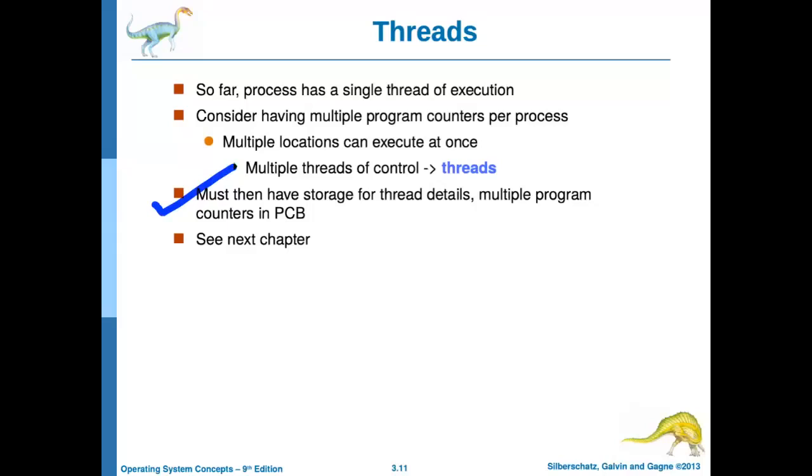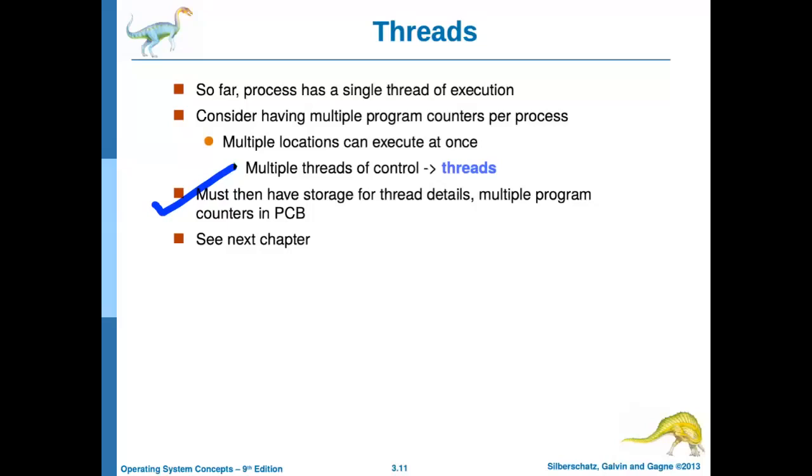In Java, Java threads are there. Python also supports threads. In the Go programming language, threading support is built in, just that they are called goroutines. But anyways, the concept is the same.